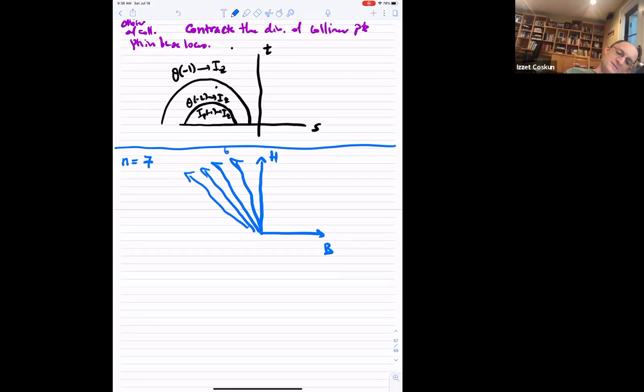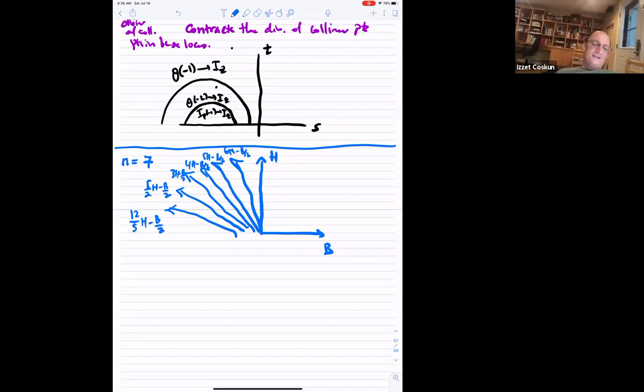This is 6H minus B over 2. This is 5H minus B over 2. 4H minus B over 2. 3H minus B over 2. And here I have 5/2 H minus B over 2. And then finally 12/5 H minus B over 2, I think.